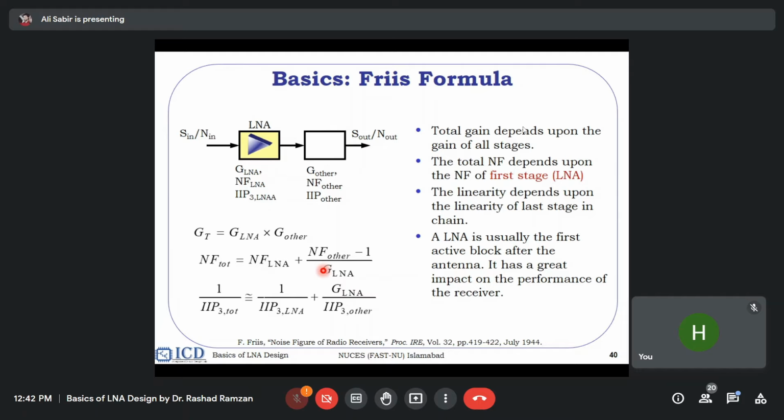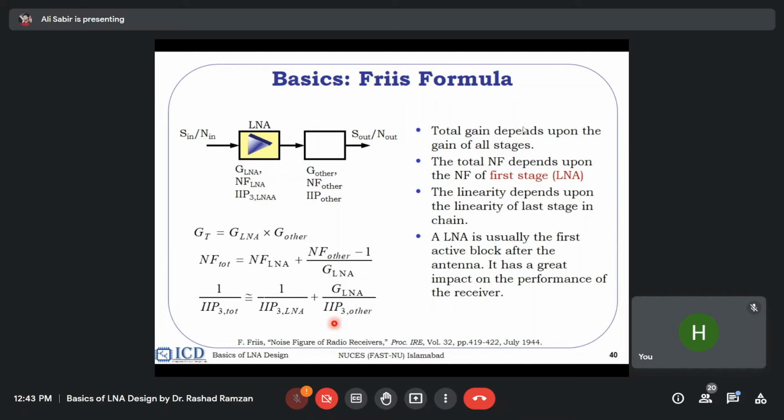This means the dominant noise figure comes from the first block. The other blocks after the LNA don't contribute much to the noise figure, and this is a fundamental concept of the LNA. That's why we focus on the noise of the LNA and not on the noise of the mixer and the other blocks.